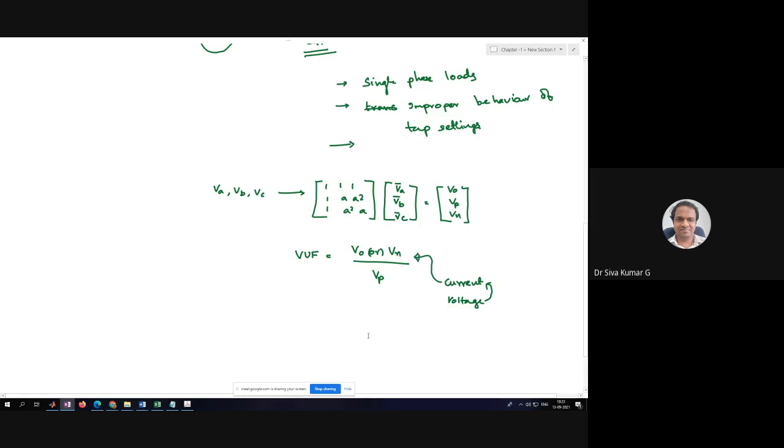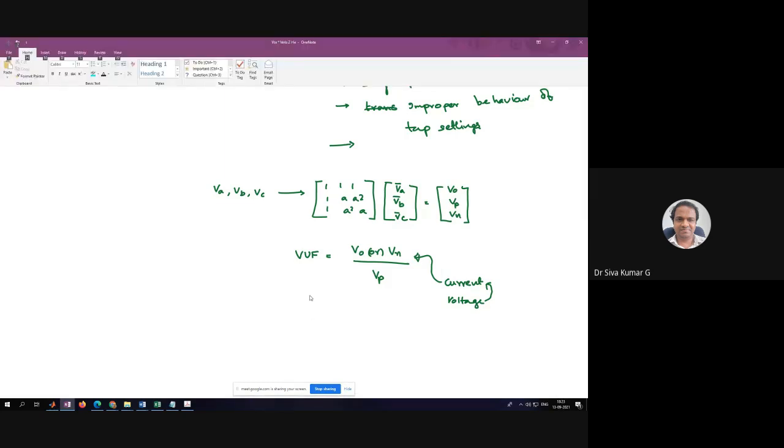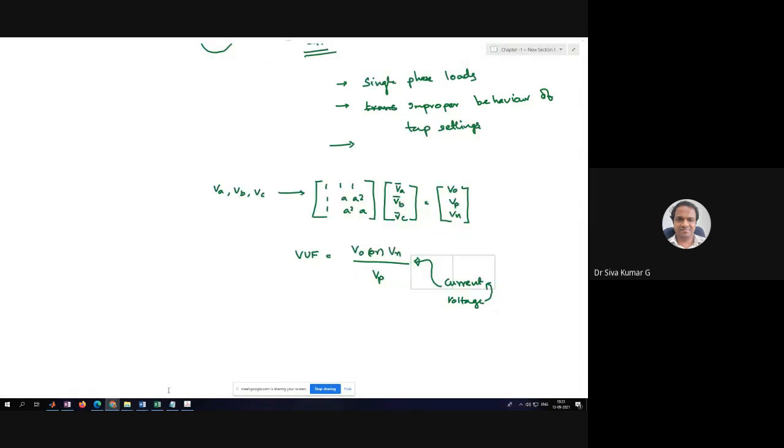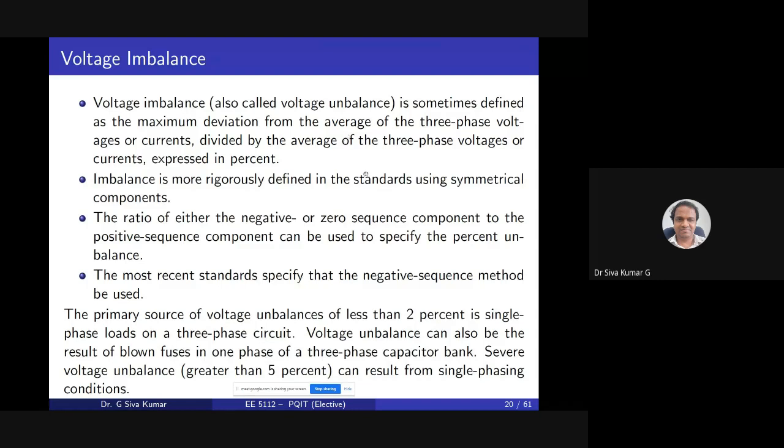There is another definition available in the literature. It says the maximum deviation from the average of the three-phase voltages or currents, divided by the average of the three-phase voltages or currents.